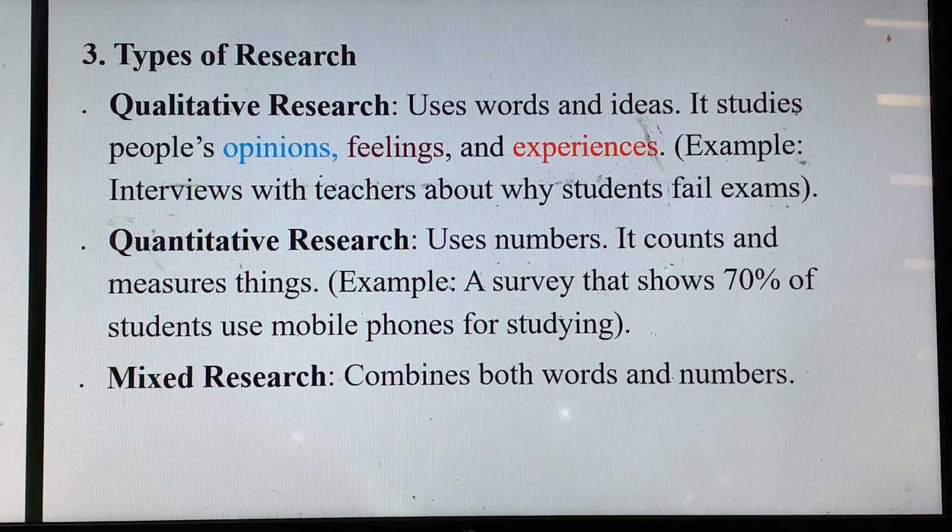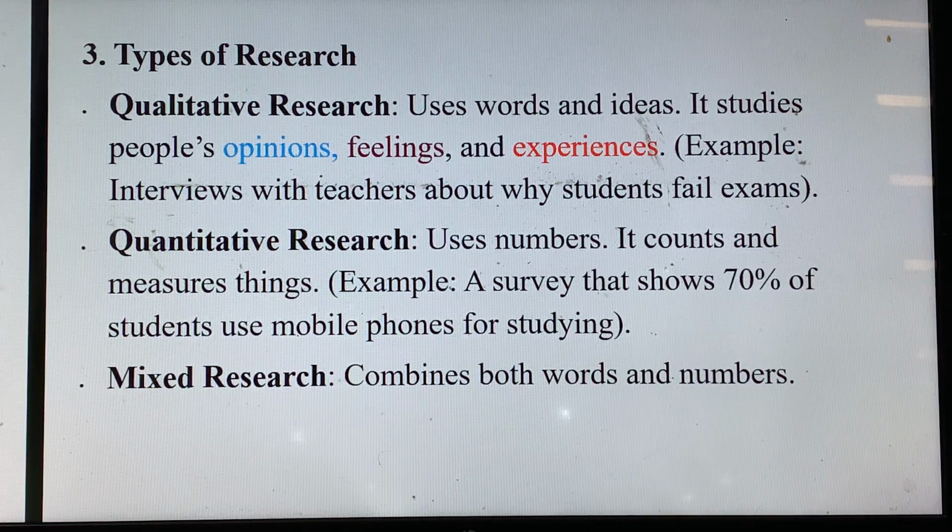People will decide, and after that, you can conclude that maybe 45 out of 50 are saying they like A. So 45 out of 50, meaning the rest do not like A. So we can generalize. An example could be a survey that shows 70% of students use mobile phones for studying. This means that the majority of the students are using mobile phones to study. It doesn't mean all students.